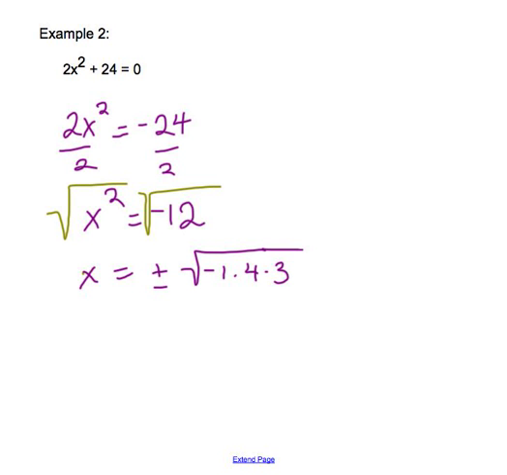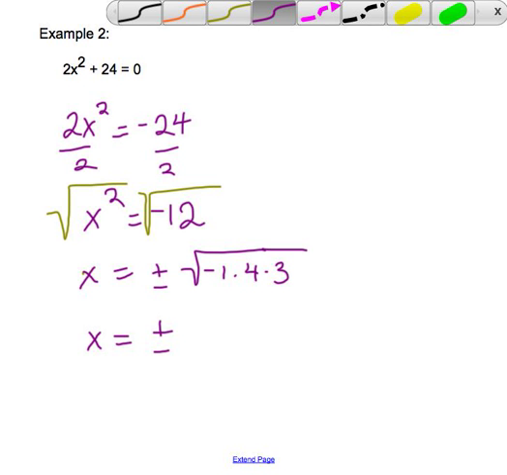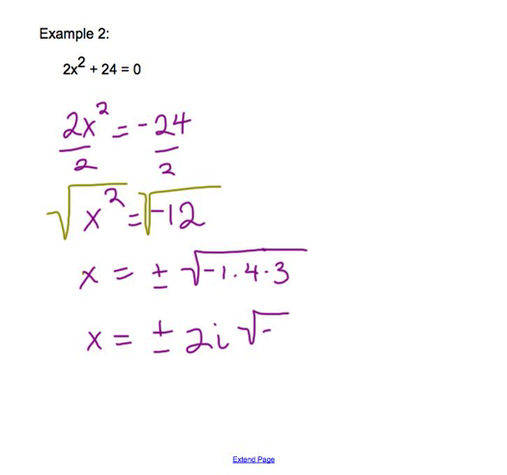And you don't have to do this step. I'm just showing extra work. I really would prefer it if you could go directly from negative root 12 to 2i root 3. And that's positive and negative. So that is our answer.